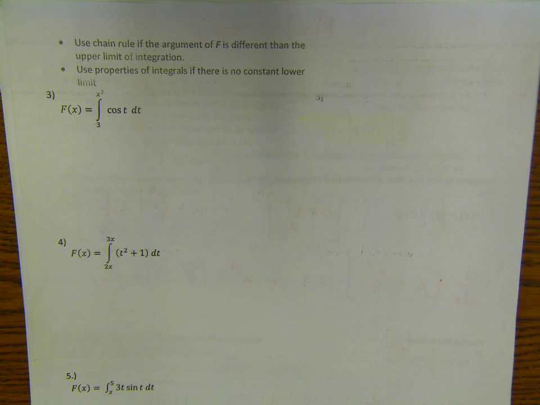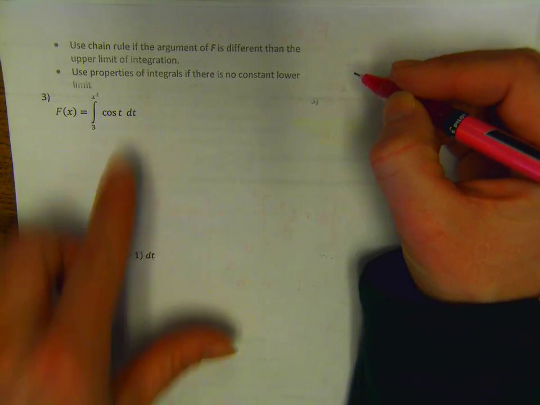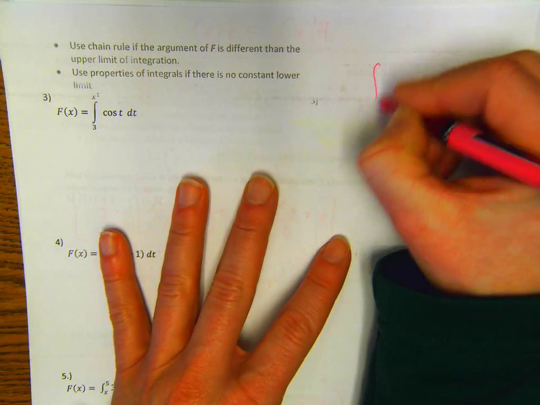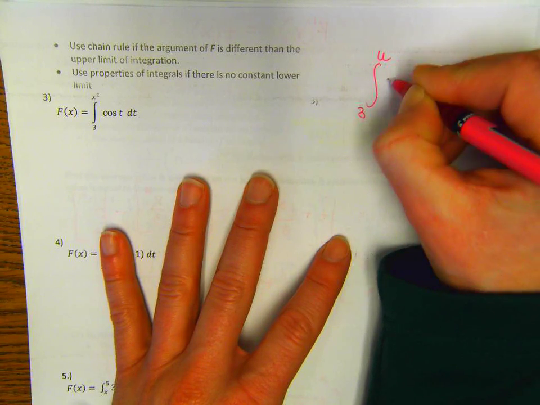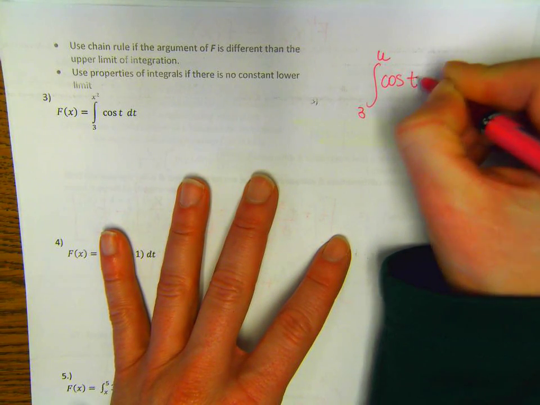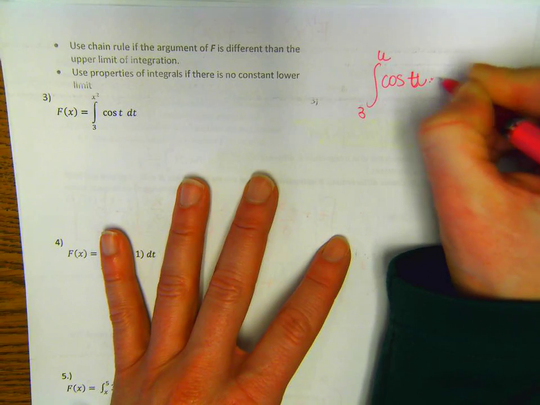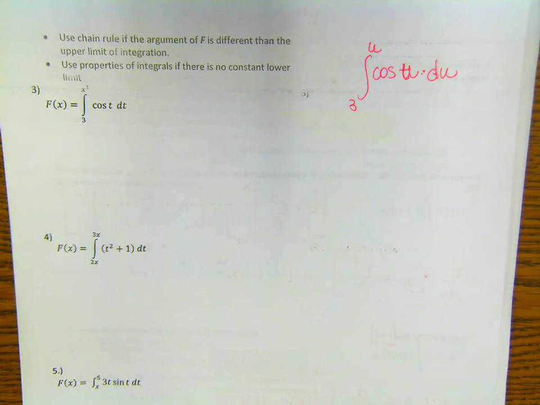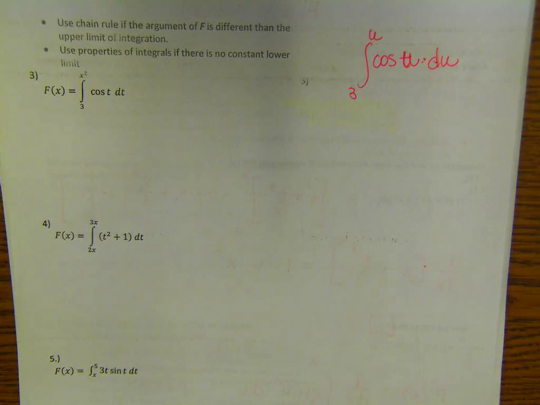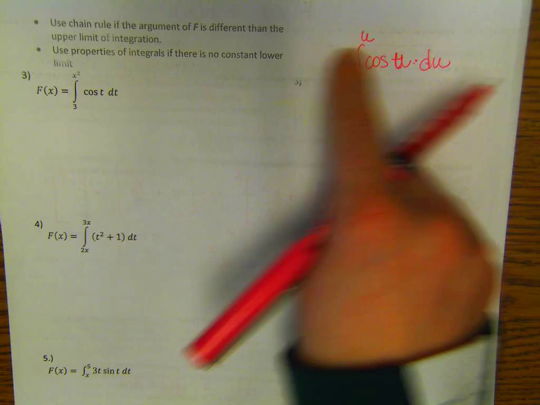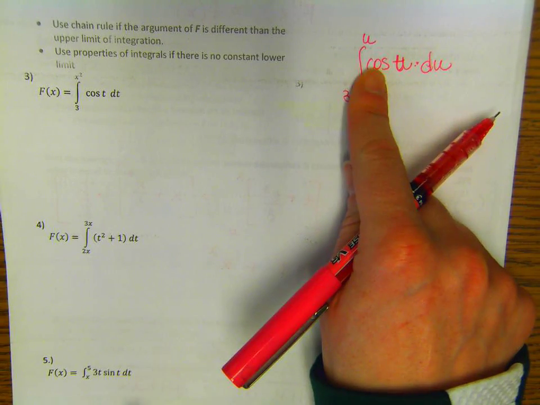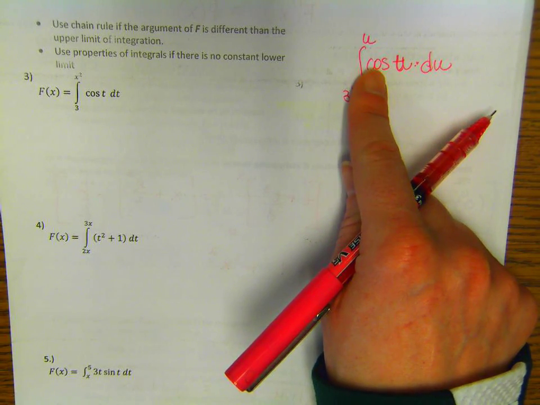No, you just have to remember chain rule. Chain rule. So let's say I would use a different letter. Let's say I would say the integral of cosine t, or cosine u du, okay? And they asked you to do the derivative of that, you would say that if I had the derivative and then the antiderivative, it would just cancel, correct?